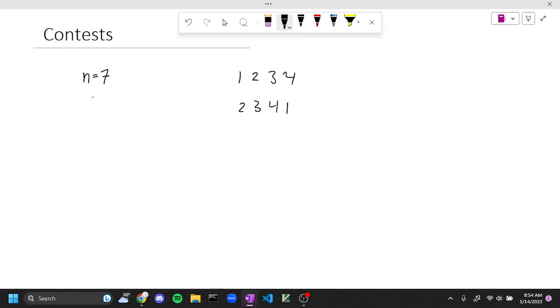Sometimes the problems at Codeforces give you a sorted permutation, but other times they'll give you an unsorted one, like the problem we're doing right now, where it's 2, 3, 4, 1 in a random order. In both cases, these are permutations of length 4. Anyway, back to the problem.